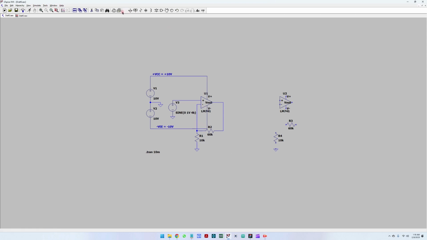Okay, and let us connect the second operational amplifier to the same voltage levels here. So, okay, let me do this again. I missed it a bit. Okay, and let me connect it here. And for the negative voltage level, let me move also this resistor from here so that we don't interfere in the traces here.